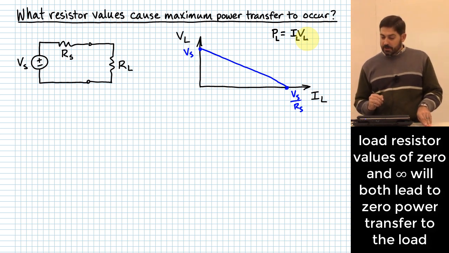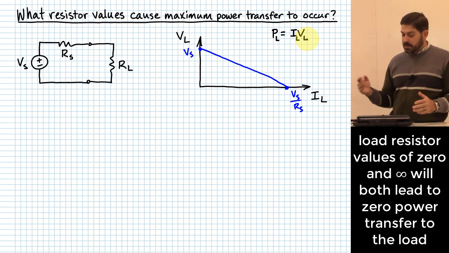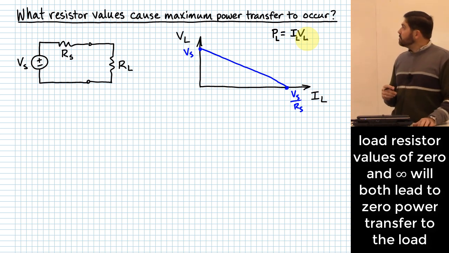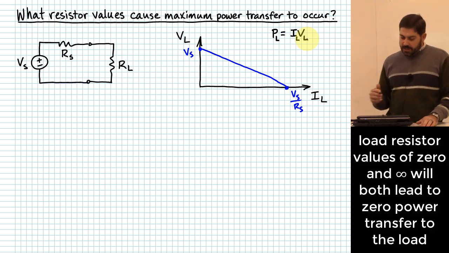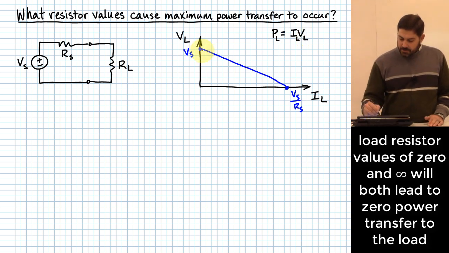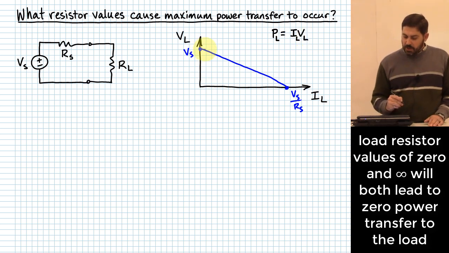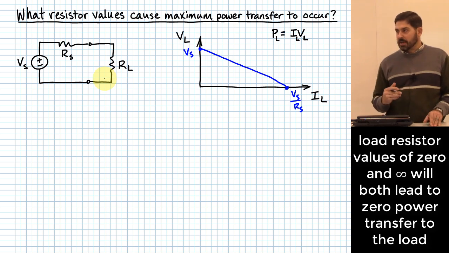So I could put little subscripts on all that and say PL is equal to VL times IL. And what this means is if we get right up close to, let's say, 0 resistance, just letting current flow all through this resistor right here, what is a way to graphically show the power that is being delivered to the load resistor?